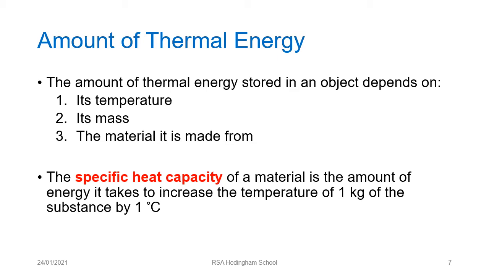And that's because it takes different amounts of energy to heat up the same mass of different materials. And that's called the specific heat capacity. It's the amount of energy required to increase the temperature of 1 kilogram of whatever substance it is by 1 degree Celsius.